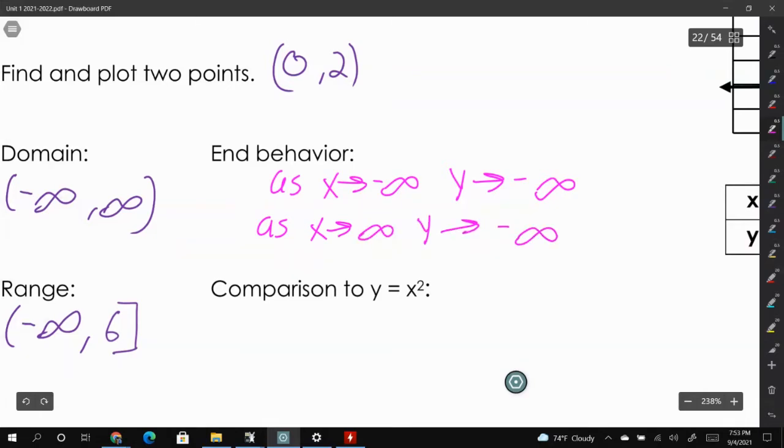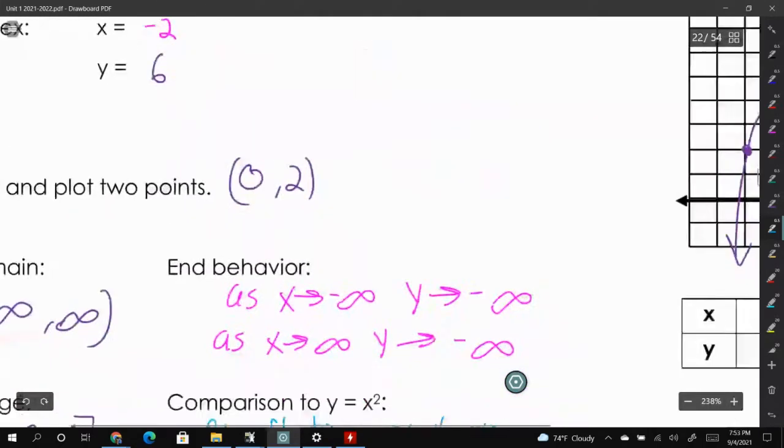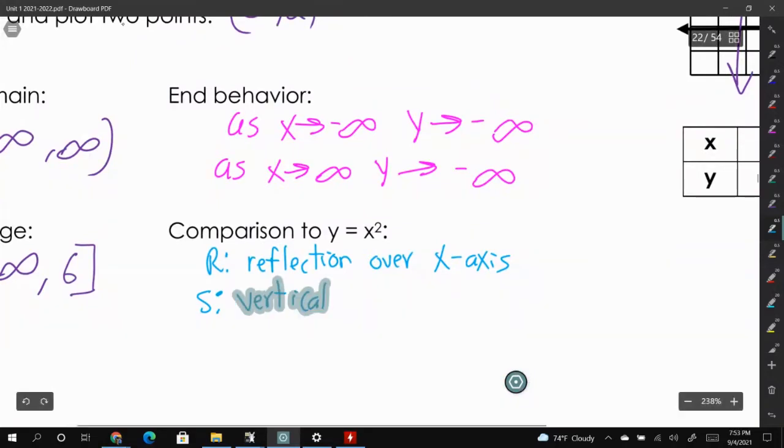And this one's asking us to compare, that is the RST. We do have a reflection over the x-axis. We also have a vertical, I don't remember what the equation was. We don't have a vertical stretch at all. I'm sorry, so none.